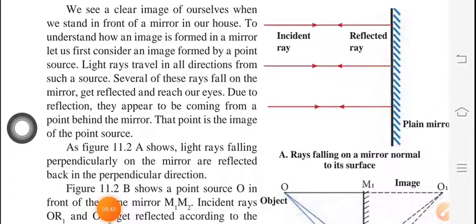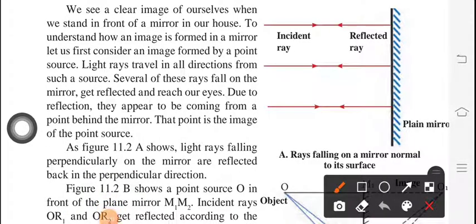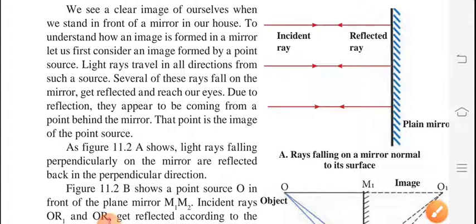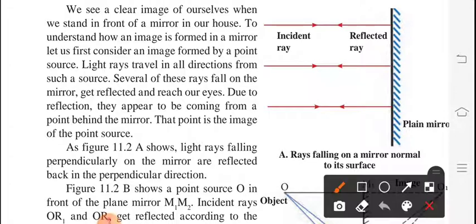To understand how an image is formed in a mirror, let us consider an image formed by a point source. This is a point source. Light rays travel in all directions from such a source. Suppose some source is over here and light rays are travelling this way.